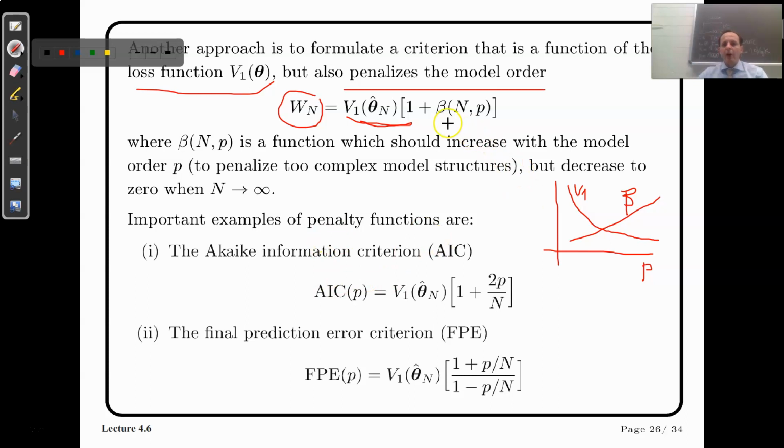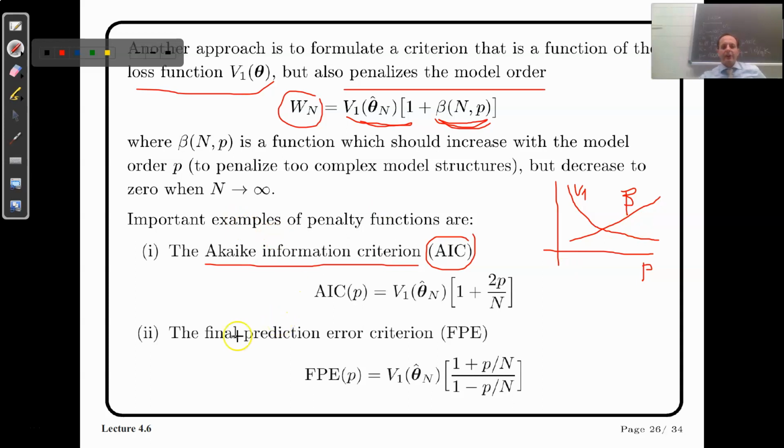So depending on the choice of the function beta, we have different examples of penalty function. For example, what we call the Akaike information criterion, described with the acronym AIC. You can see here that the variable beta is 2p, so it's penalizing twice the number of parameters divided by the number of data.